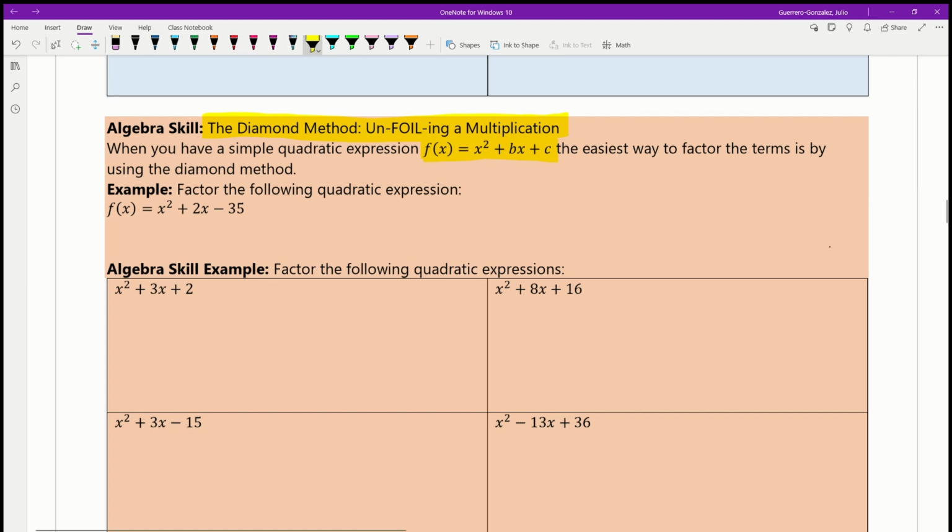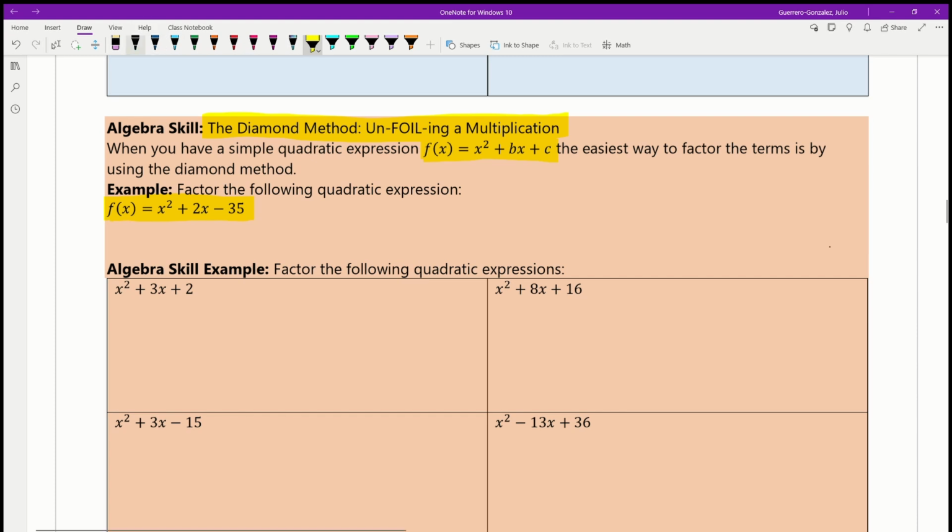Here's an example. Suppose this is our function, and I want to split it back up into two things that are going to be multiplied together.